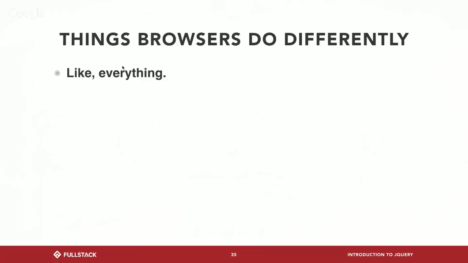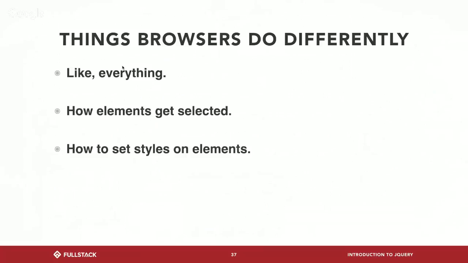They've gotten a lot better, and a lot more standardized, but there still are things they do differently: how elements get selected, how to set styles on elements, and how they implement various APIs. That's actually totally true. When we talk about APIs, HTML5 sort of fell into this category, where HTML5 is just a collection of other APIs.